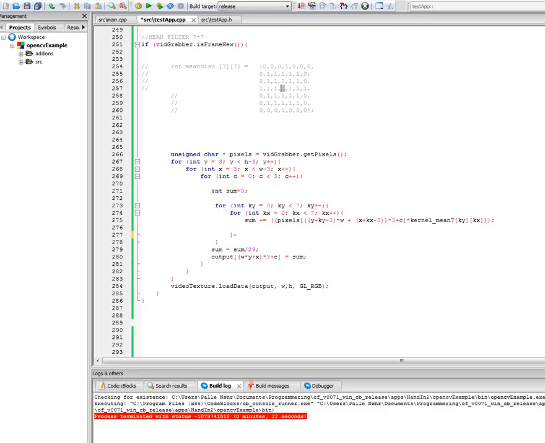We look at this pixel, and then we take the mean from all the surrounding pixels, and this is done by taking the sum of all these and dividing it by 29, and then it is output as the pixel that we want. And at the end we are loading our whole image with all the different pixels that we got with the means.